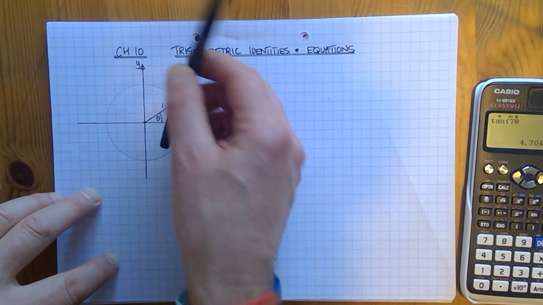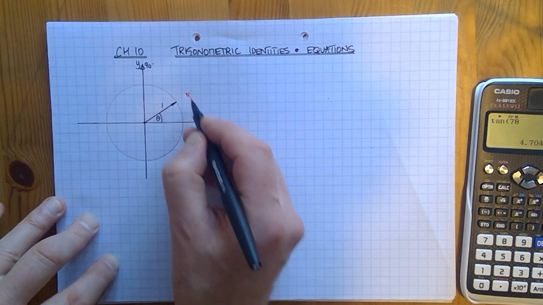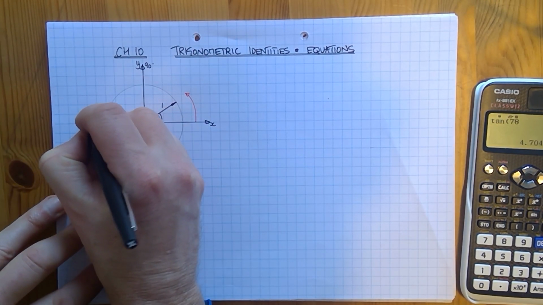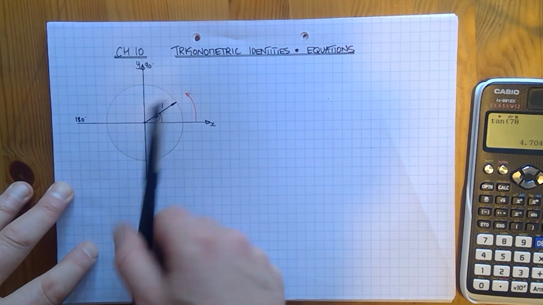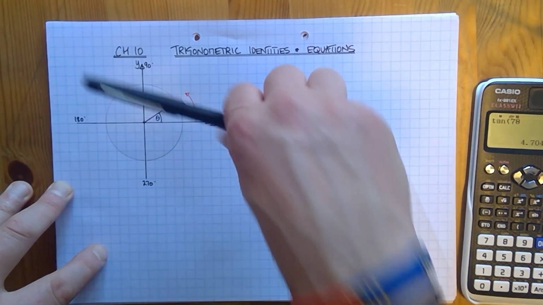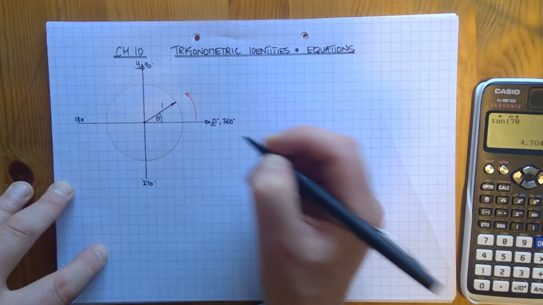So that's 0 degrees, that's 90, this is 180, this is 270, and this is 360. So that starts here at 0. This is also 360.